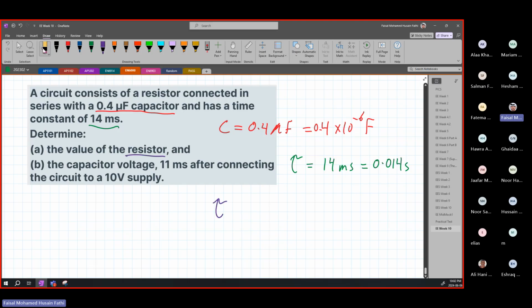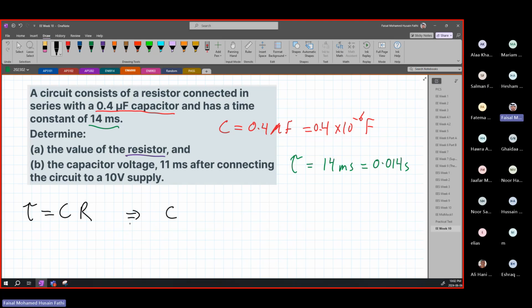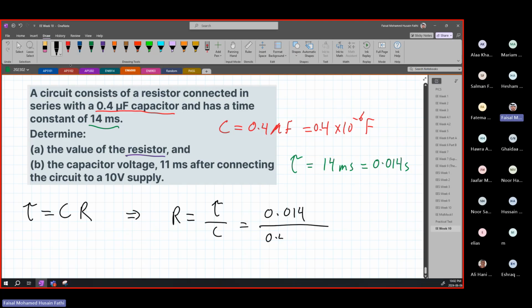Tau is equal to C times R. So from tau equals C times R, C is given, your R is tau over C, which is simply 0.014 divided by 0.4 times 10 to the negative 6. And you will notice you're going to get a very large number. So 0.014 divided by 0.4 times 10 to the power minus 6, you get 35,000 ohms, or in other words, 35 kilo ohms.